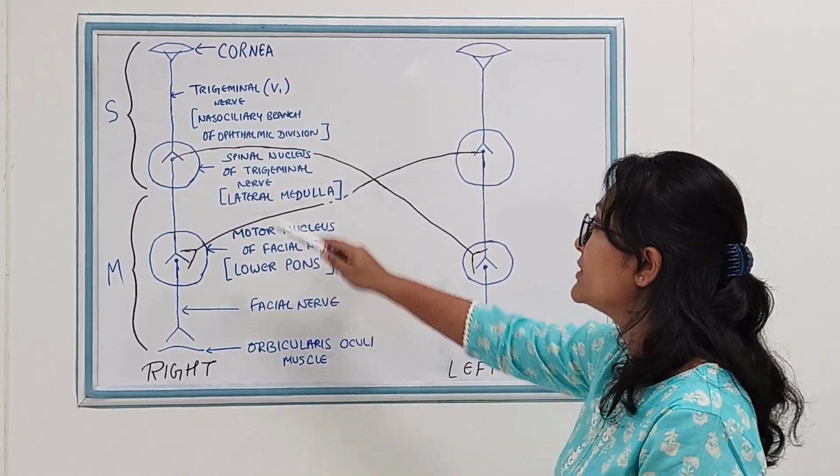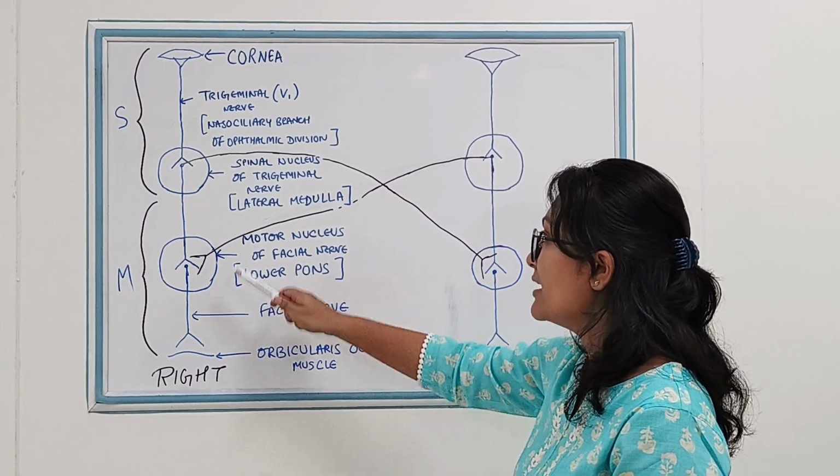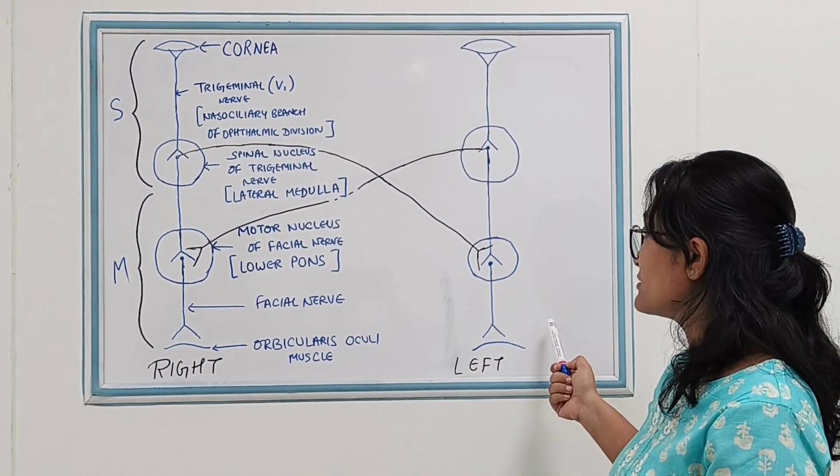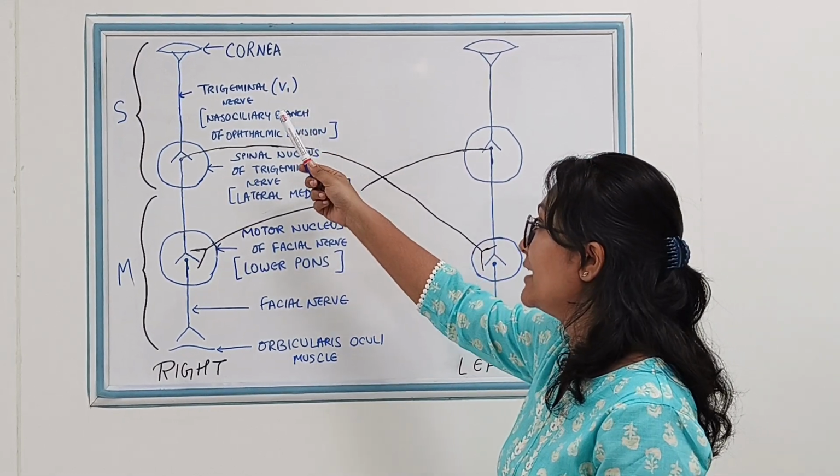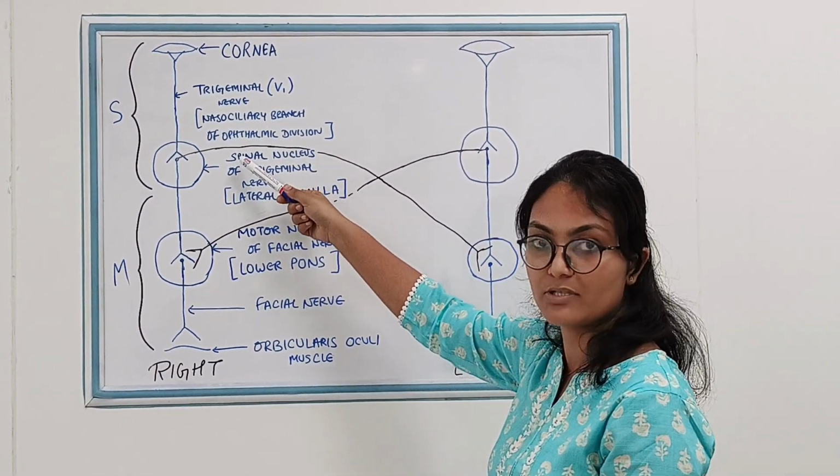In this scenario, there will be absence of direct corneal reflex as well as absence of consensual corneal reflex, because there is lesion at or before the level of projection.